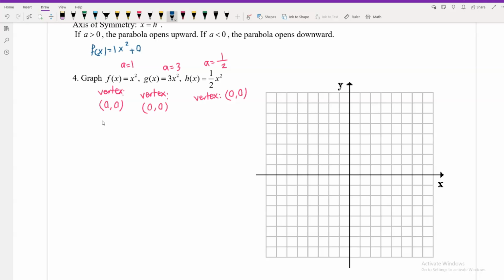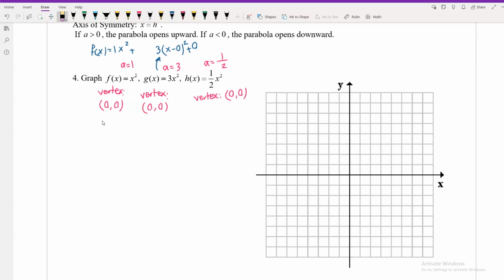So a is 1. Now here we have 3 times x^2 plus 0. So k is 0. And what we have for h is 0, because here we have 3 times (x - 0)^2 plus 0. This is what we have here for that one.